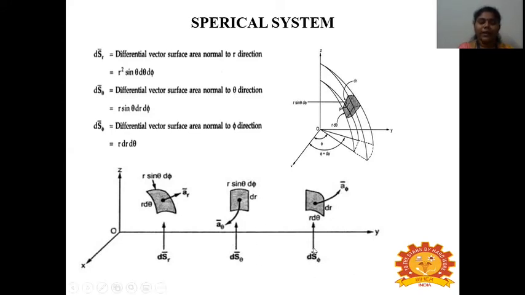Next is the phi direction, that is, the differential vector surface area normal to the phi direction, and this unit vector will be normal to the plane dr and r d theta. So the formula for the surface area in the phi direction will be r dr d theta.